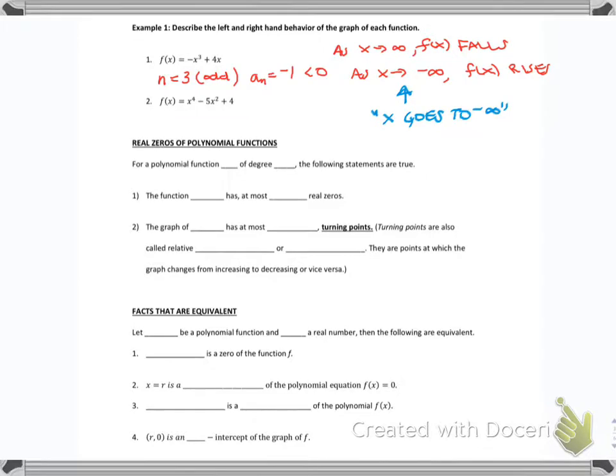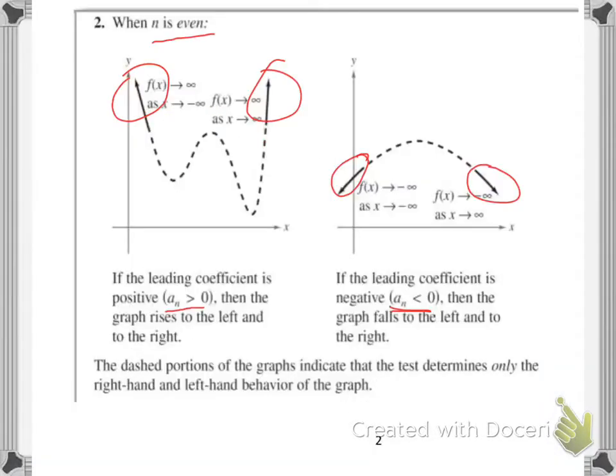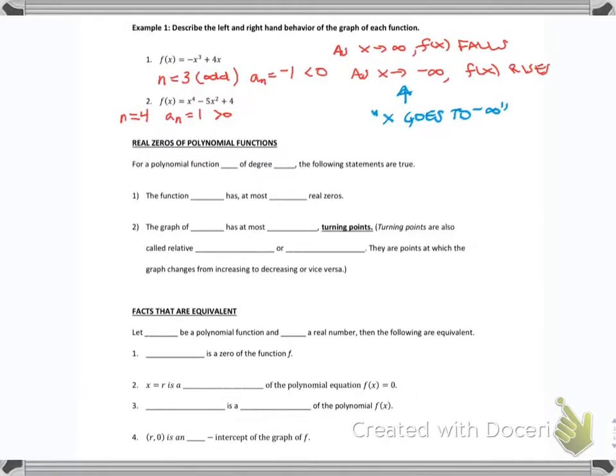All right. And then for number 2, see if you can do this on your own before we go, but n equals 4, a sub n equals 1. So we have an even positive, so that's greater than 0. So it's even and positive, so they both go up.